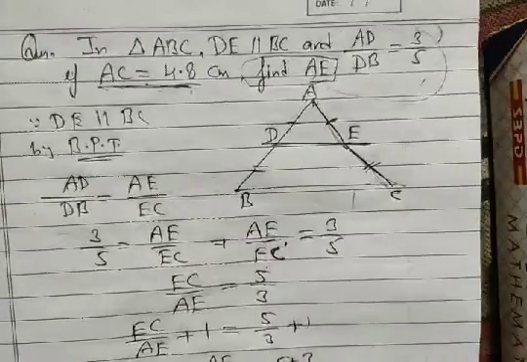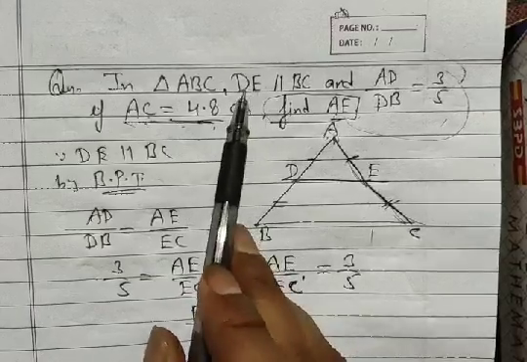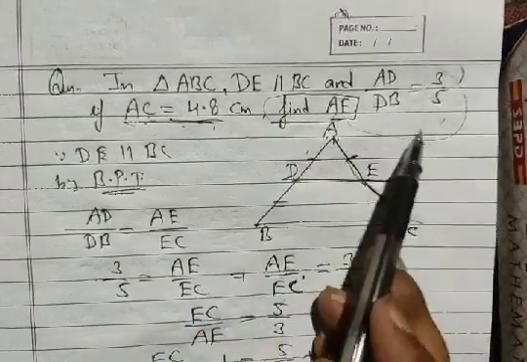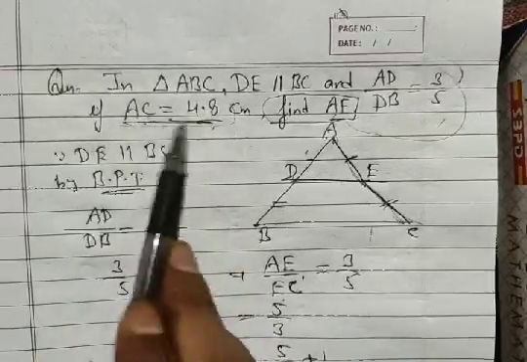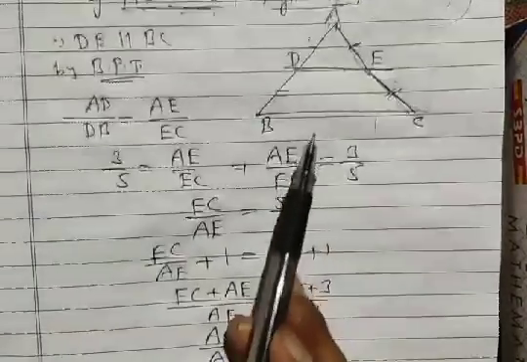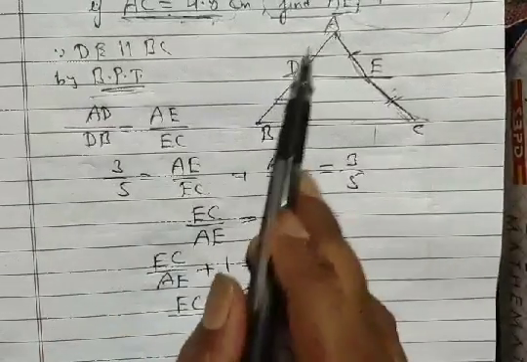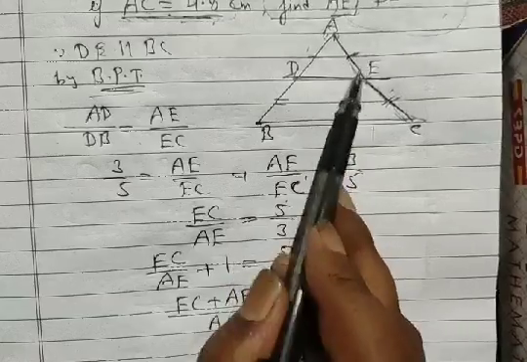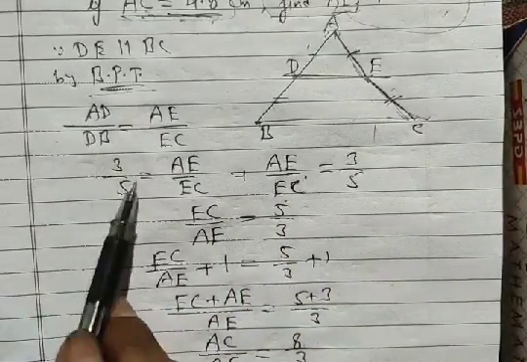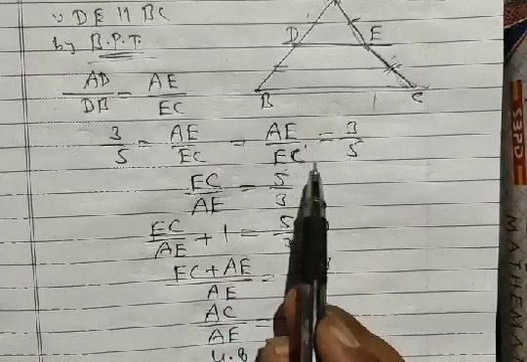Again, let us revise that problem. In triangle ABC, we are given DE is parallel to BC, and the ratio of AD to DB is 3/5. We are given the value of AC as 4.8 and we have to find AE. Since DE is parallel to BC, using the basic proportionality theorem, the ratio of AD to DB is equal to AE to EC. We put in the value 3:5 there, then we get AE to EC as 3/5.